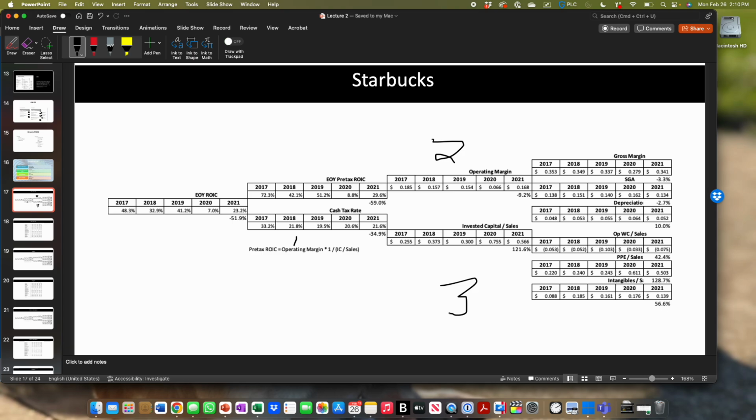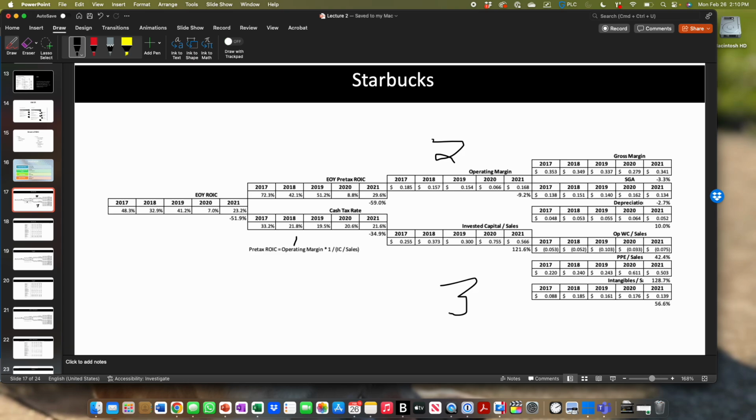Higher being more profitable and better to ROIC. So in 2017, Starbucks operating margin was 18.5%. By 2021, it fell to 16.8%. That was a 9.2 percentage point drop, right? So they're making less on every sale, which is a reason that the pre-tax ROIC went down.